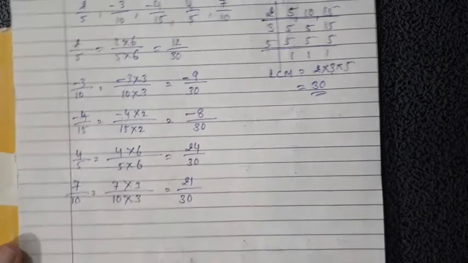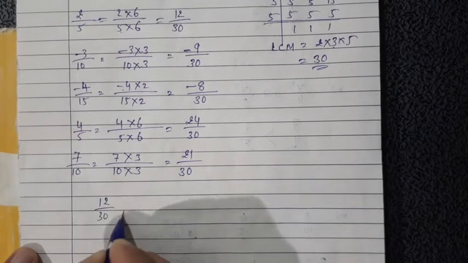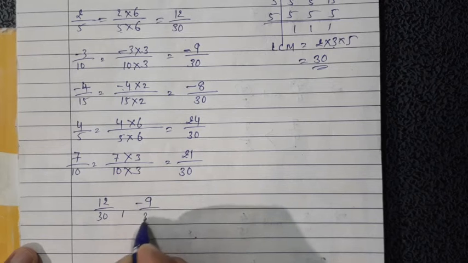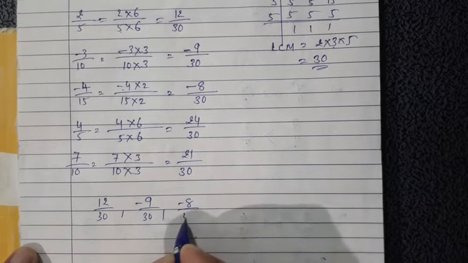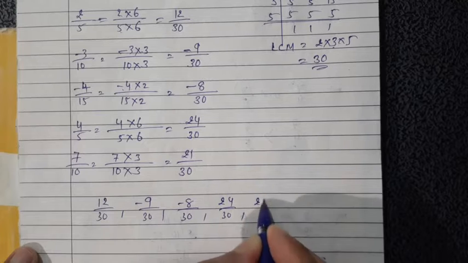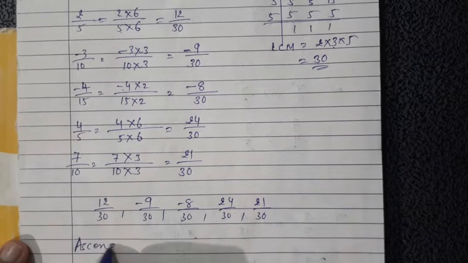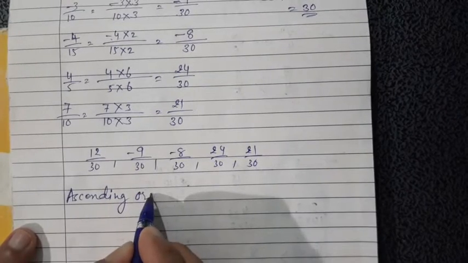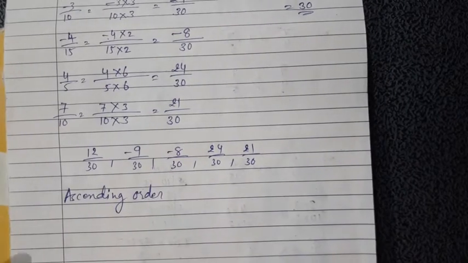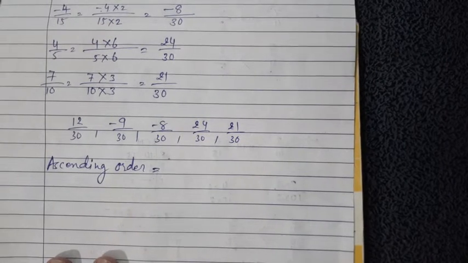Now write down all those numbers. They are 12 upon 30, minus 9 upon 30, minus 8 upon 30, 24 upon 30 and 21 upon 30. Now first one, ascending order. Ascending means small to big. Now which one is small?